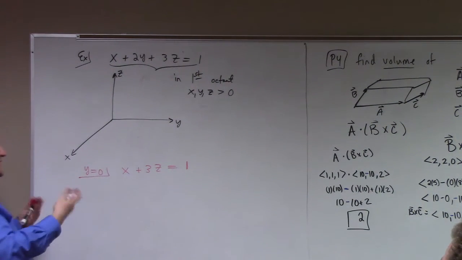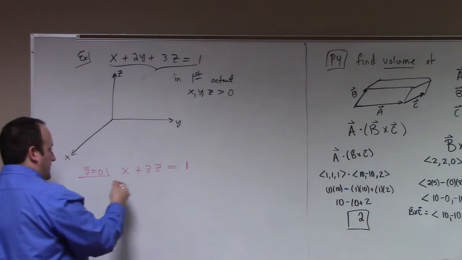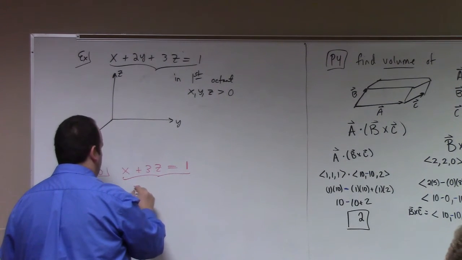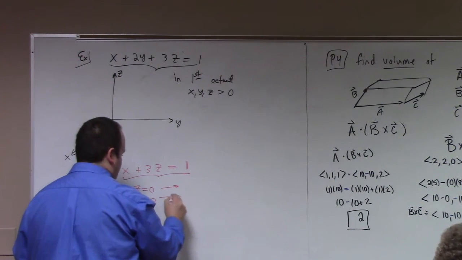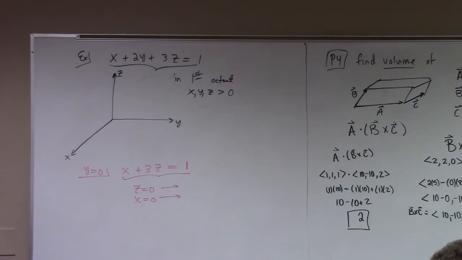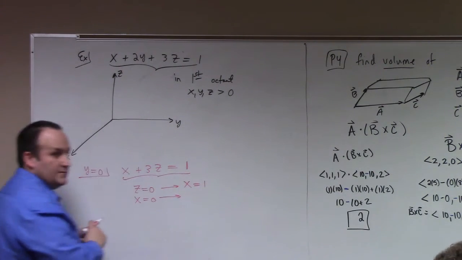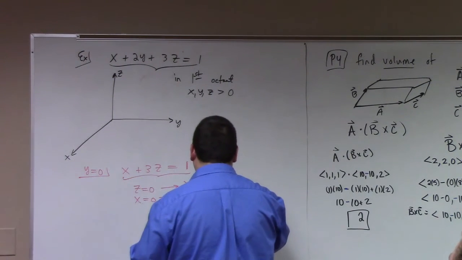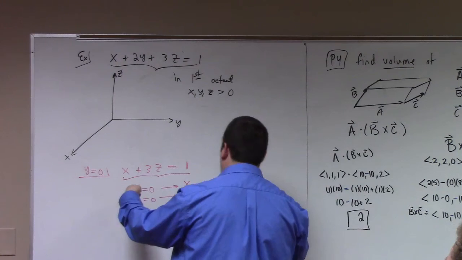So it should be clear to you then that that's a line, right? And so what if we further specialize? How about when z is equal to 0? What does that give us? So z equals 0 gives me x equals 1, right? So to summarize, what point did we get there? We got the point 1, 0, 0.